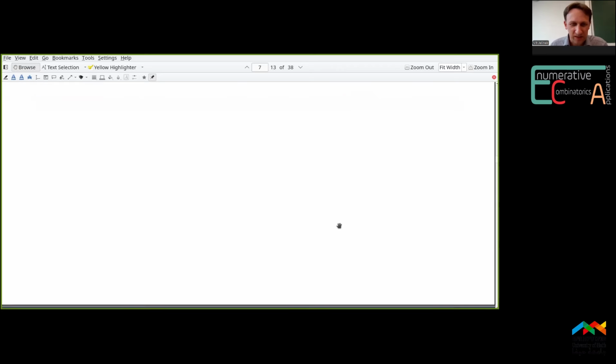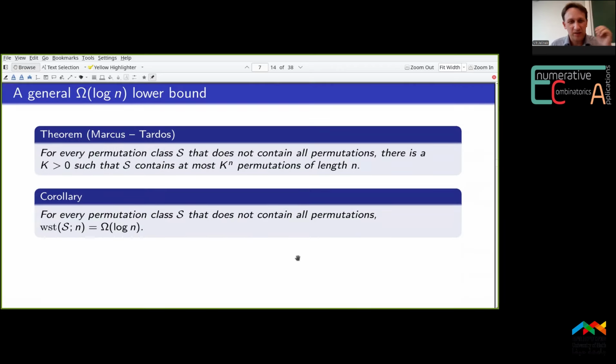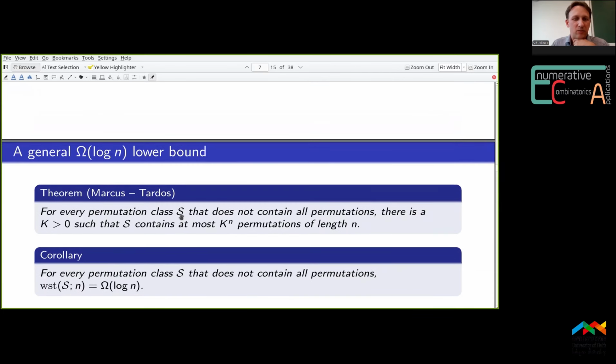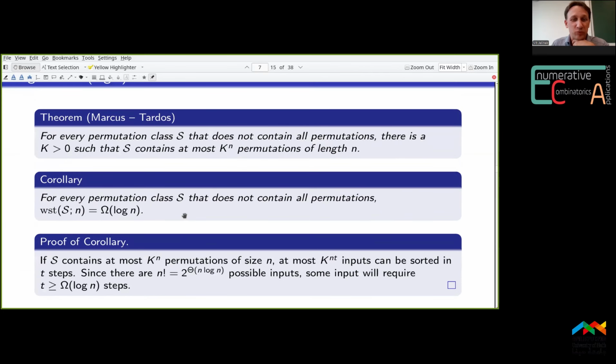And from this, as a fairly straightforward corollary, you obtain that for every such permutation class, the worst case sorting time is at least order of log n. Why is that? Well, it's because of a counting argument. So say I have this permutation class S. It has at most k to the power of n permutations of size n.